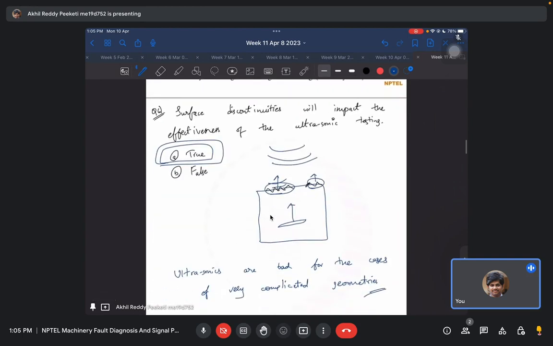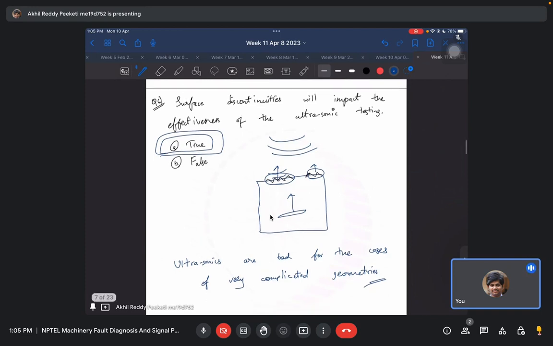And if there are any surface discontinuities, they will create special signals which will create much more noise for the detection of the crack. So that is why, when you have very complicated geometries, ultrasonics might be a bad option to detect the cracks.